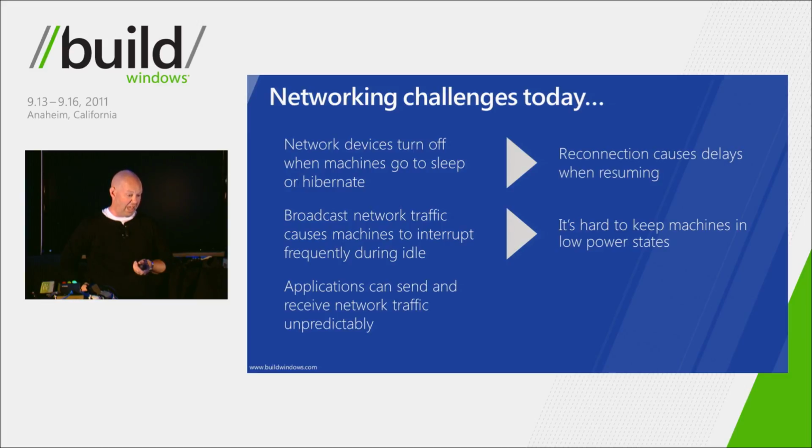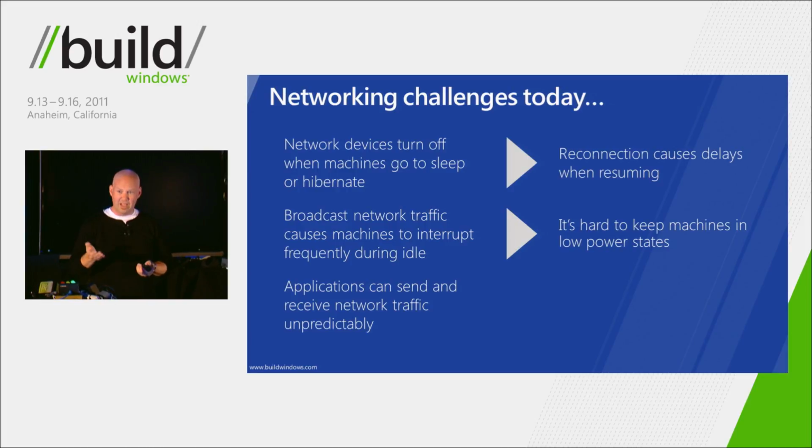The third challenge we have is that applications in today's Windows programming model can really send and receive network traffic in a somewhat unpredictable manner. I mean, it's really up to the application logic to decide when you're going to do that. And if you think about an app receiving, it's really up to the server or whatever you're connected to.